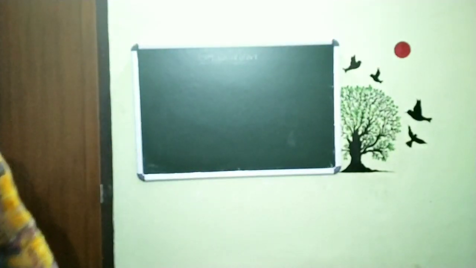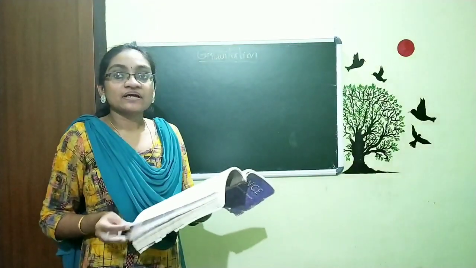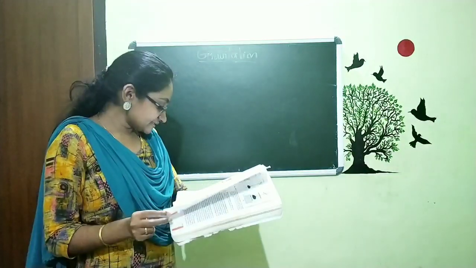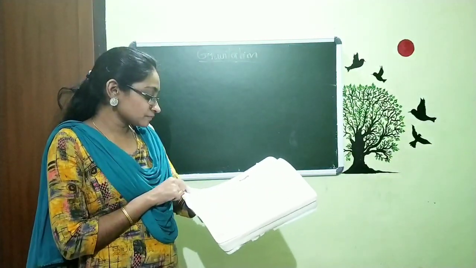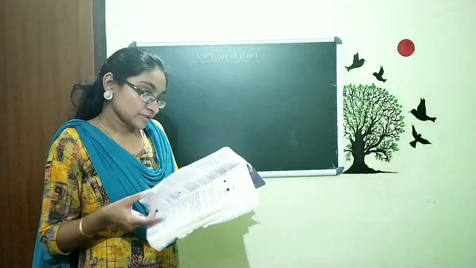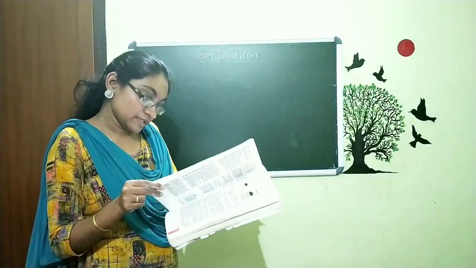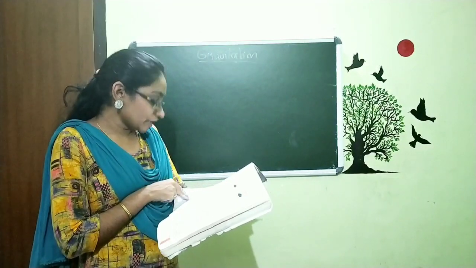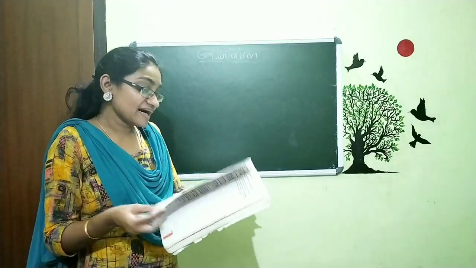Now, you want to do problems in the exercise part in the textbook. Actually, we concluded the chapter. You just take the textbook. You can see some topics like thrust and pressure, pressure in fluids, buoyancy, and the Archimedes principle.